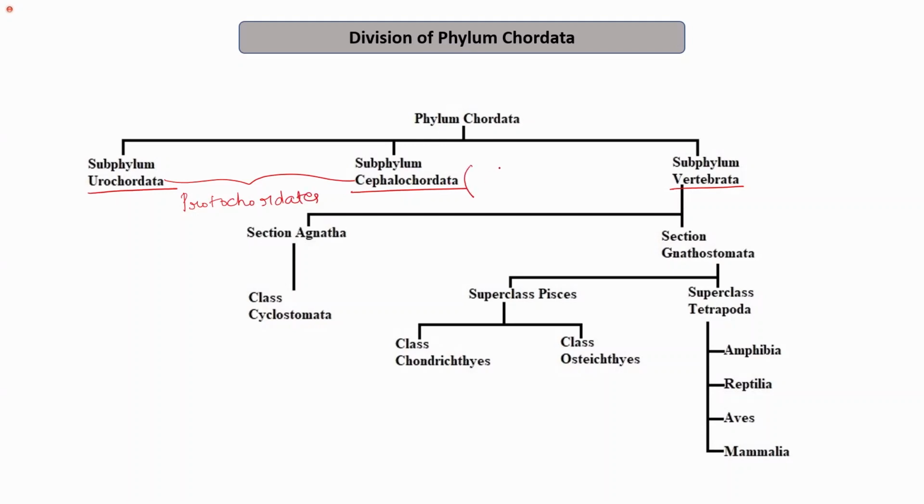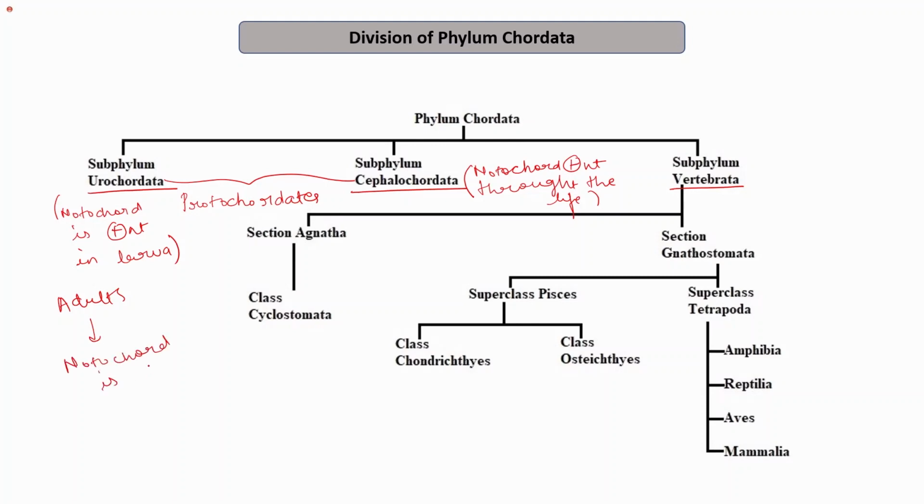Cephalochordata has the notochord present throughout life. In urochordates, the notochord is present only in the larval stage. In adults, the notochord is absent. This we have already learned.